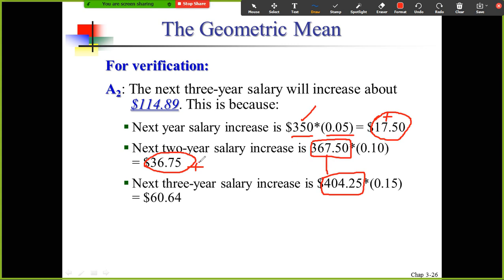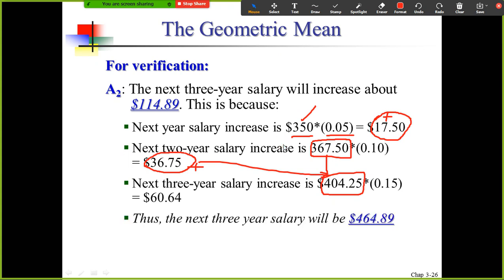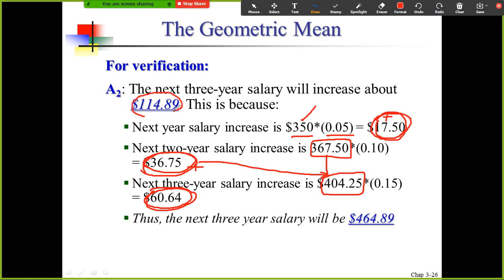Next year plus the amount of increase. How about the next 2 years, the next 3 years? Sorry, this is the next 3 years. In the next 3 years, our salary will increase by 60.64%. So if you add the amount of money increased from the first year plus the amount increased from the second year and the amount increased from the third year, you will get 114.89.